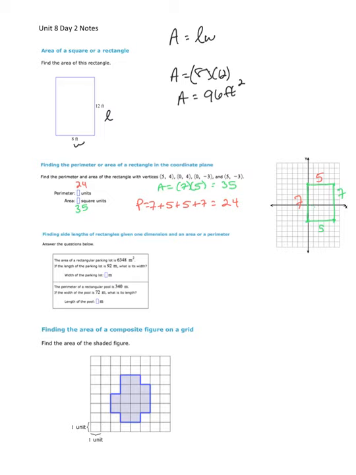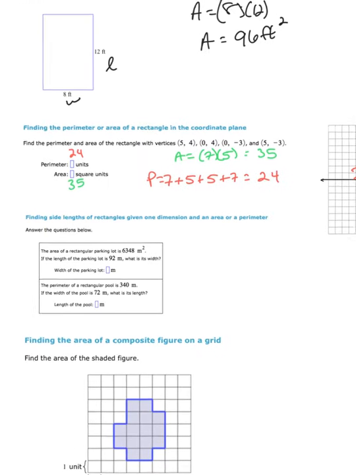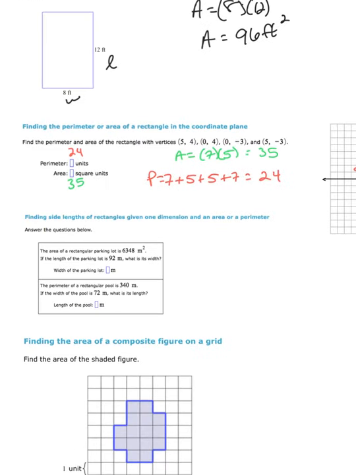Alrighty, now you're going to find the sides, but you're going to be given some information and you're going to use algebra. I'm going to make this a little bit bigger. Algebra to figure it out. So you've got the area of a parking lot. We've got the length is 92 meters and finding its width. Area equals length times width.